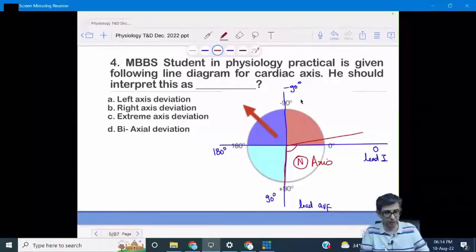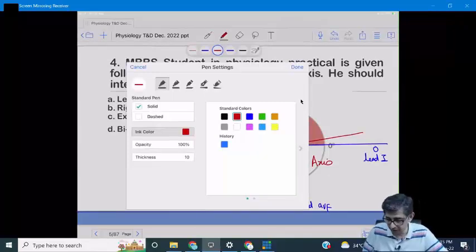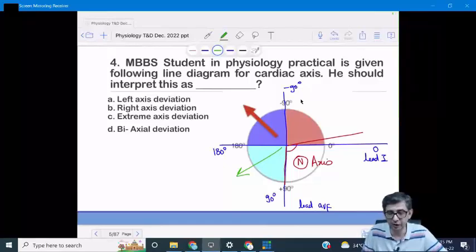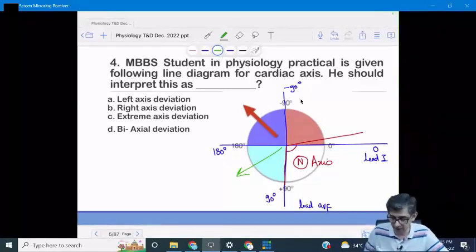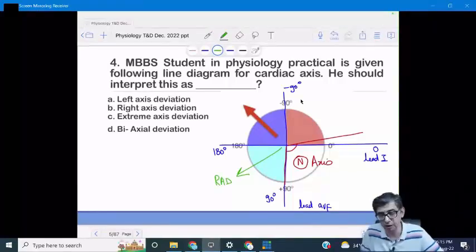So, I think everybody's got this one correct. If you had an arrow like this, I'll just use an alternative color. Suppose the arrow was drawn in this particular quadrant, the one that I have shown in green, then your answer will change. Then you will say that the patient is having a right axis deviation. And I think that was the actual exam question.